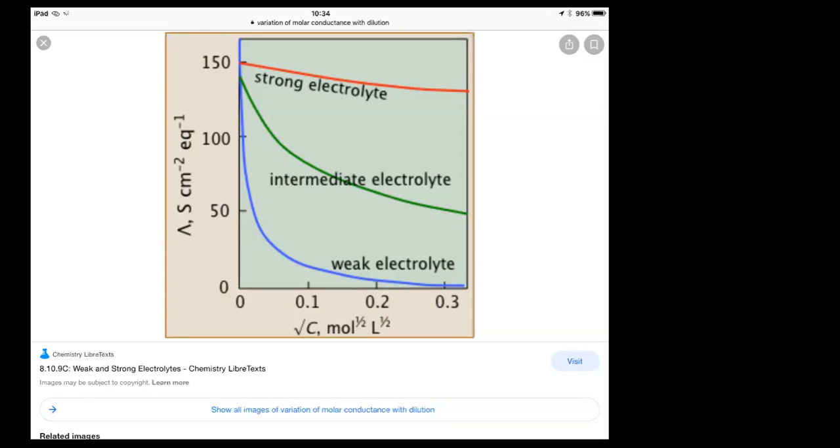What is equivalent conductance? Equivalent conductance is the conductance shown when 1 gram equivalent of an electrolyte is taken.